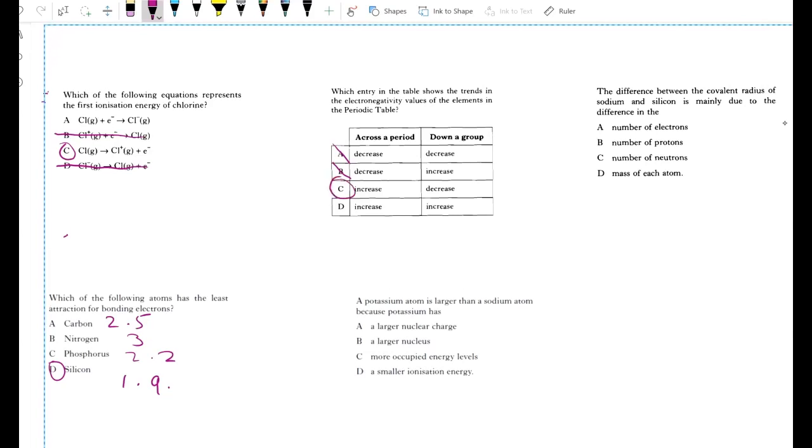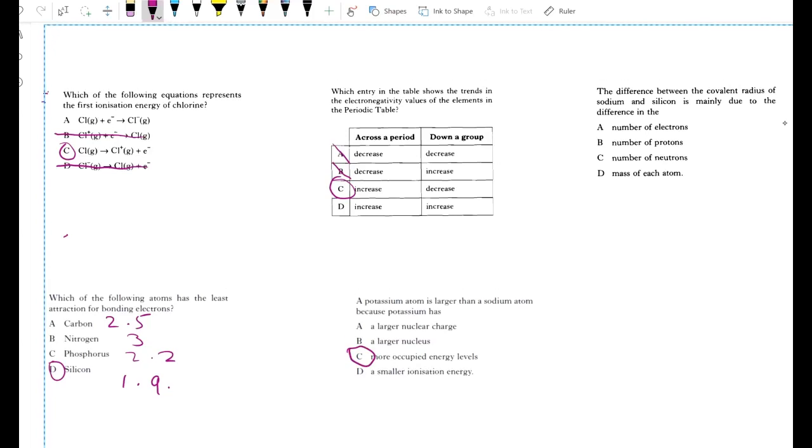A potassium atom is larger than a sodium atom because potassium has what? So we're going down group 1 here, sodium down to potassium. When you move down a group, you add an energy level. So your answer is C, more occupied energy levels.